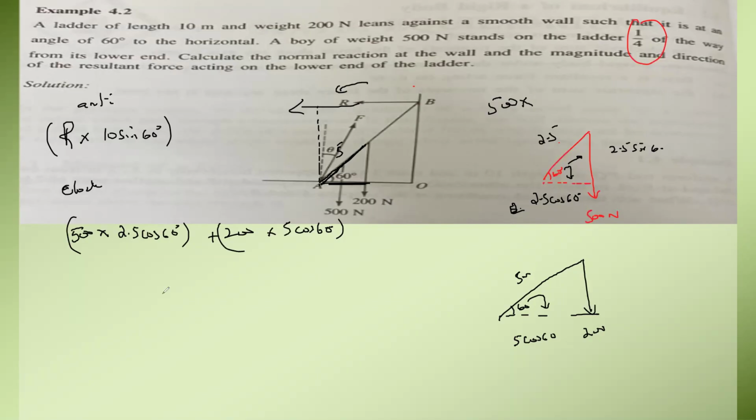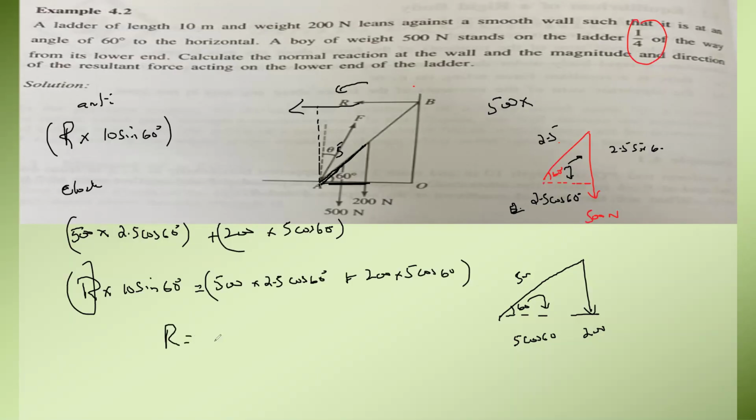And we will assume the clockwise and anti-clockwise turning effects are equal. So R into 10 sine 60 will be equal to 500 into 2.5 cosine 60 plus 200 into 5 cosine 60, and we'll solve for the value of R. Just divide by 10 sine 60, and we'll get the value for R. R will be about 130 Newtons.